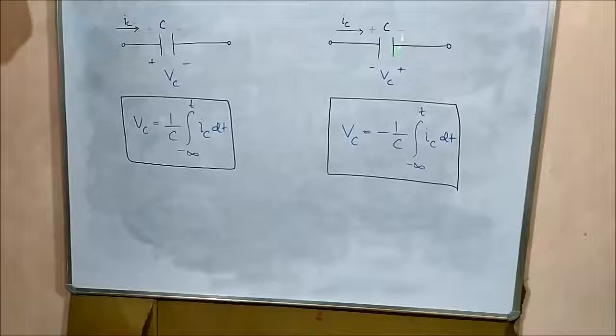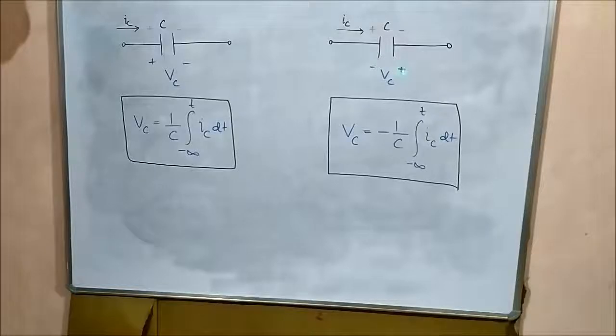It is opposite to the direction of the polarity which is placed on the capacitor with reference to the current flow. Current is flowing from the positive terminal to the negative terminal internally, but the voltage is measured in the opposite direction, from here to here, from positive to negative, from right to left. So here it is plus, but here it is minus, here it is minus, here it is plus.